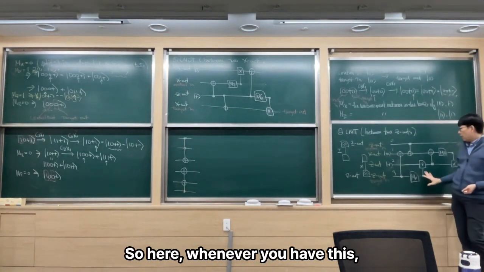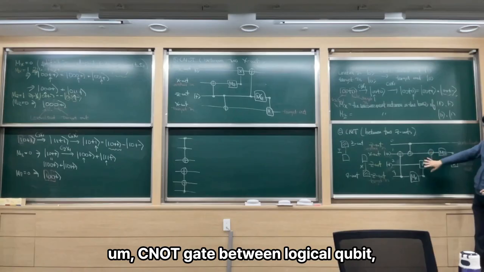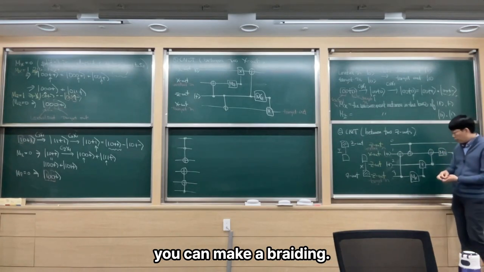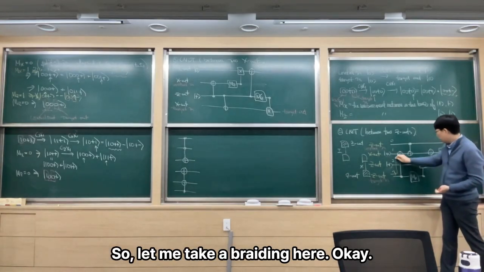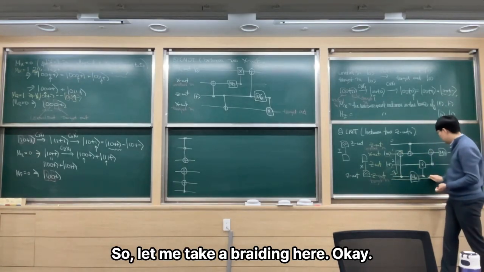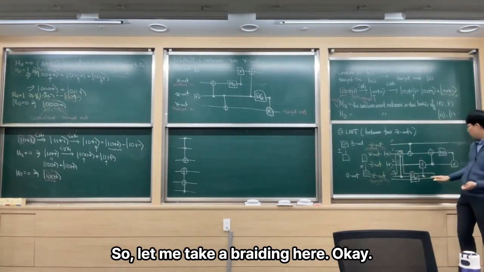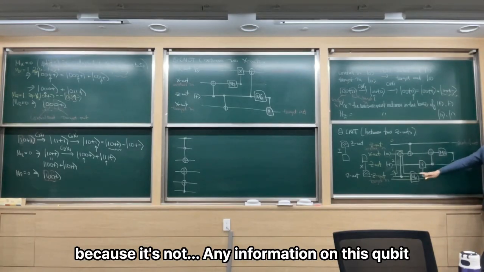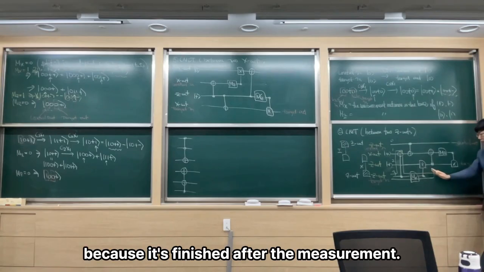Whenever you have this CNOT gate between logical qubits, which are given by Z cut and X cut, you can make a braiding. So let me take a braiding here. Okay, I make a loop closed on this side because any information on this qubit is not preserved anymore, since it's finished after the measurement.